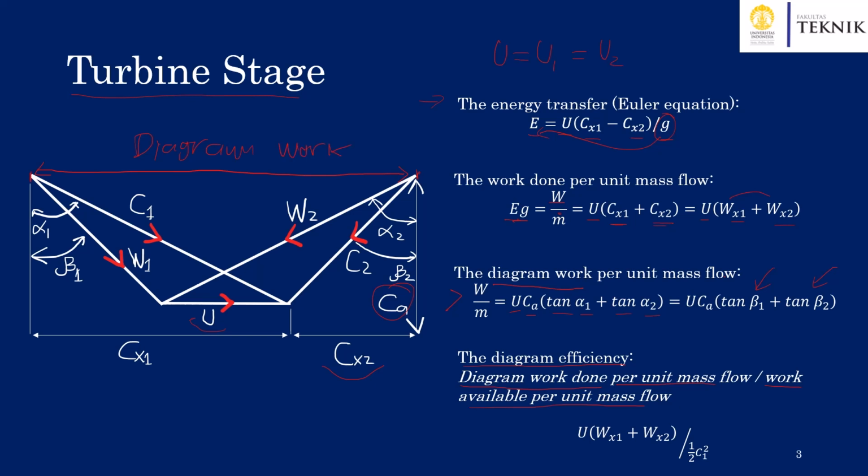And to get the diagram efficiency, we can multiply the blade velocity with the sum of the tangential component of relative velocity at the inlet and outlet of the rotor, or Wx1 plus Wx2, divided by half of C1 to the power of 2.